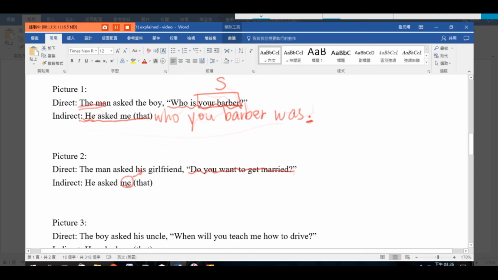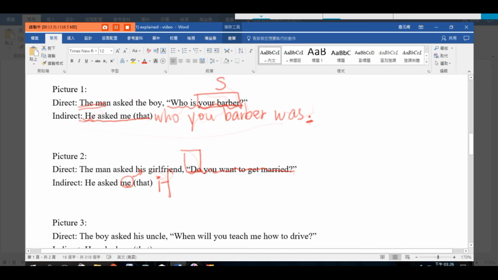She's speaking from her perspective. I try to get this as similar to the sentences on your book as possible. So he asked me. Now look, this is a yes no question, so we need the magic word. You can choose to use if or whether. Now let's use if. So he asked me if.